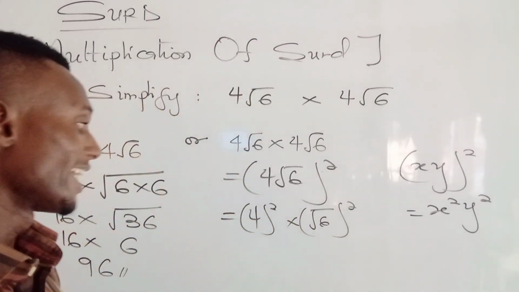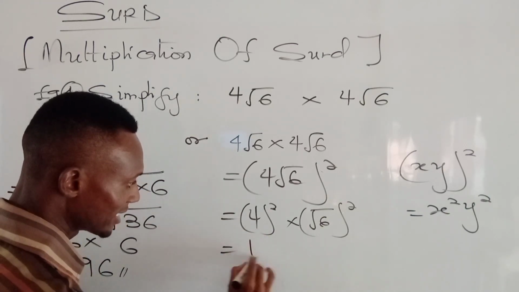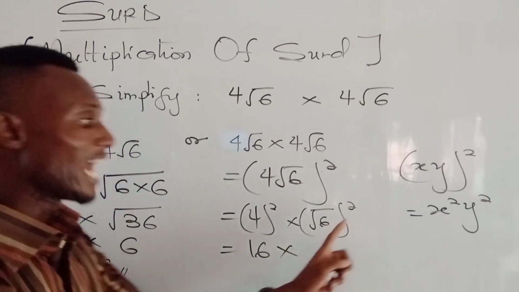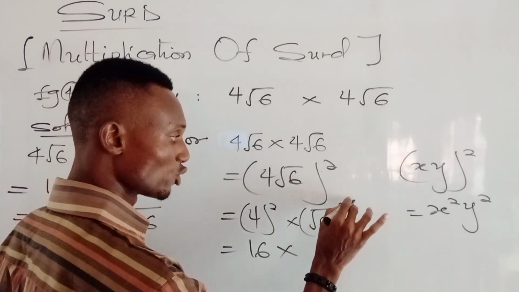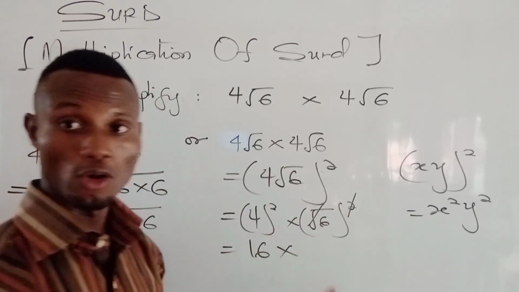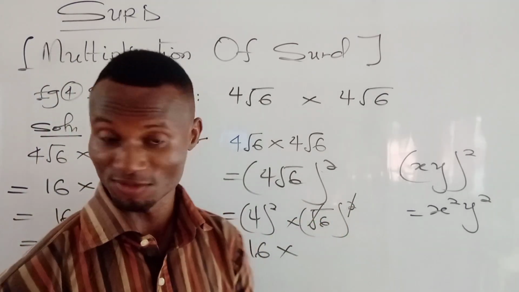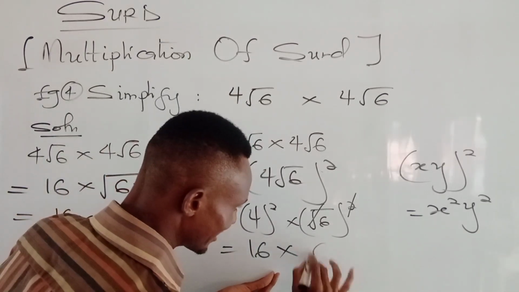Let's go ahead and simplify further. Now we know 4 squared gives 16. So I'll get 16 times root 6 all squared. Now this power 2, which is here, will cancel the square root sign. I hope you agree with me; we've done this in the previous videos. So I'll have 16 times what is left here, which is 6.